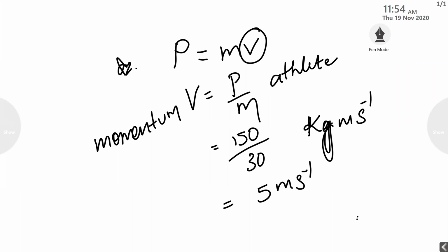Write down the total momentum. Anybody can tell me this, the law of conservation of momentum? If anybody wants to try, you can try. Yes, children, law of conservation of momentum, anybody can define it for me?